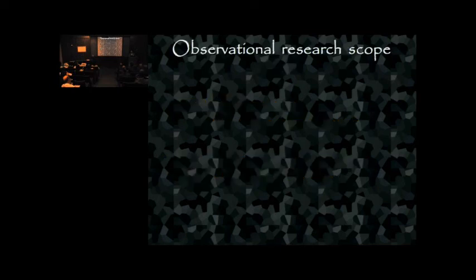Before going forward, I would like to review the scope of observational research. The first, the least, or probably the primitive objective of observational research is to describe and explore. When the evidence is scant, what we can do is to describe and explore.